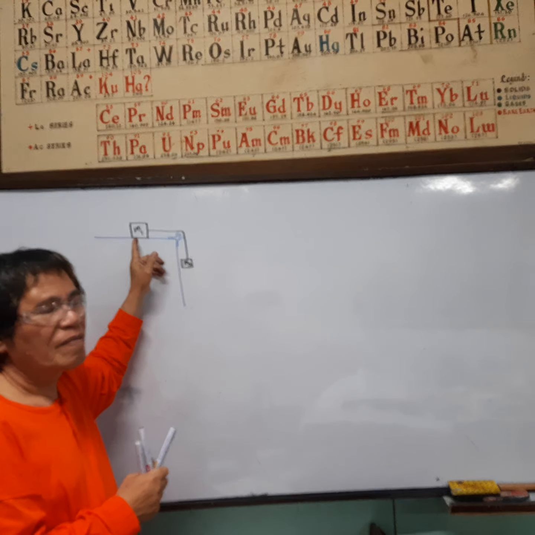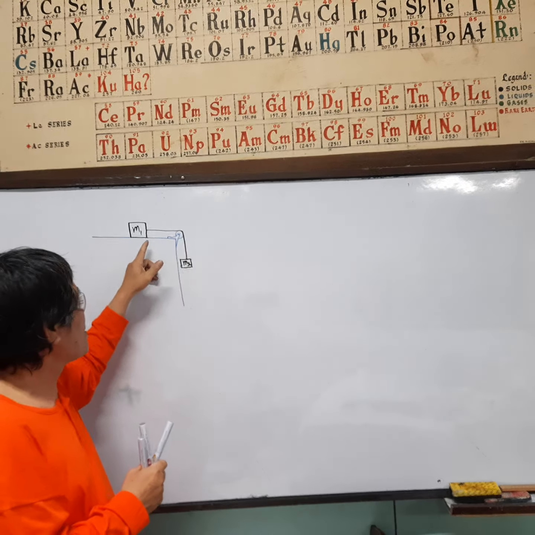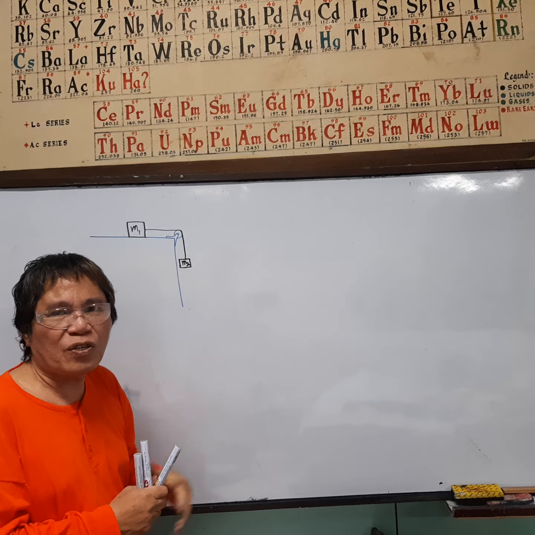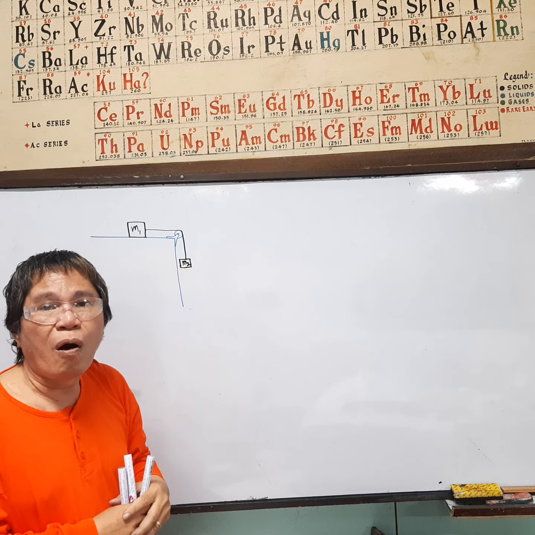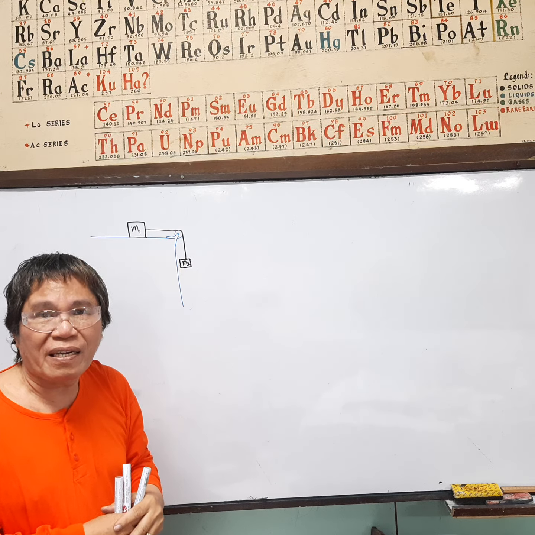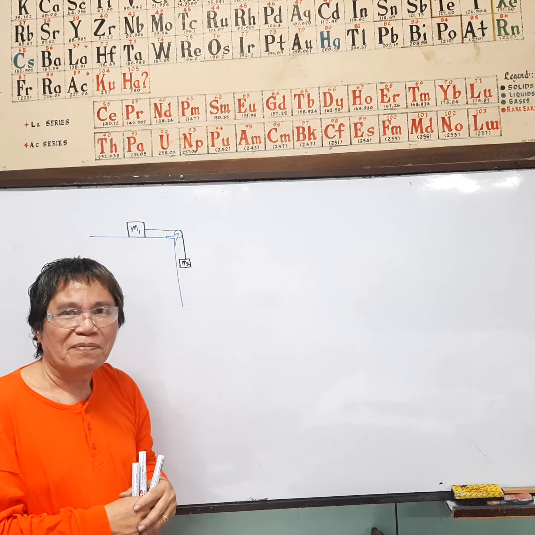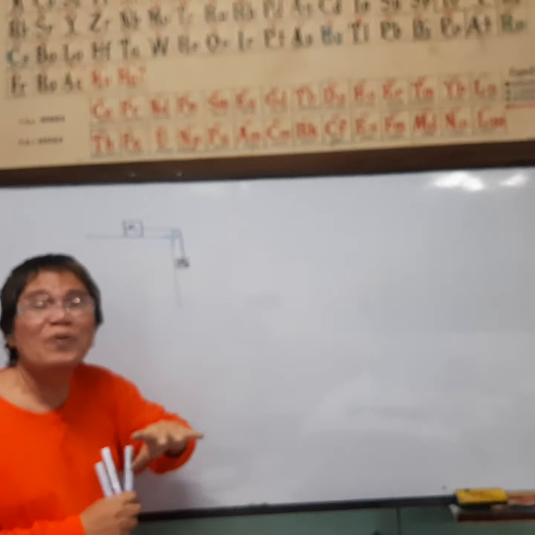But still, block 1 will move because the surface here is without friction. Therefore, the surface is danlog. Danlog is slippery. See now, smooth.